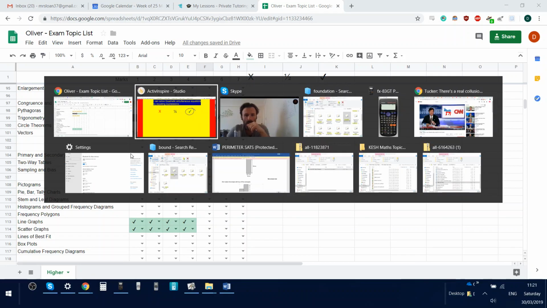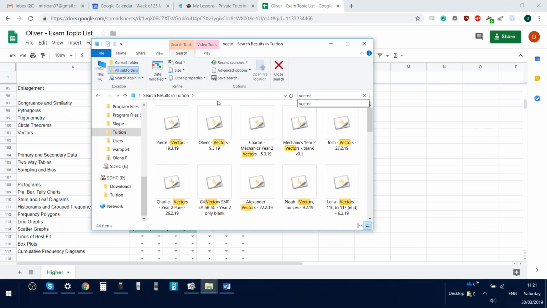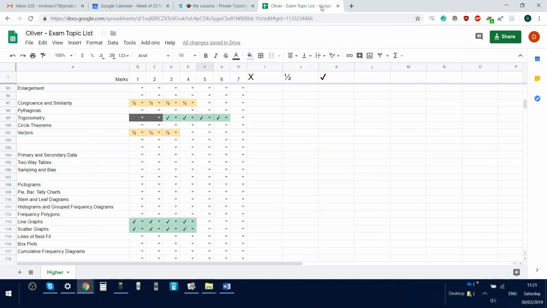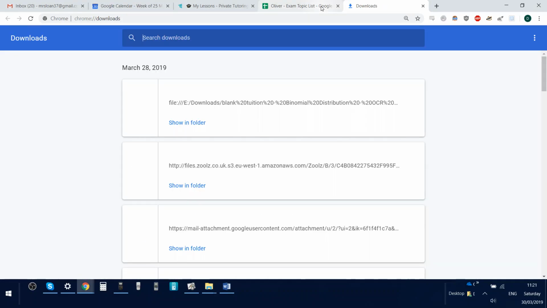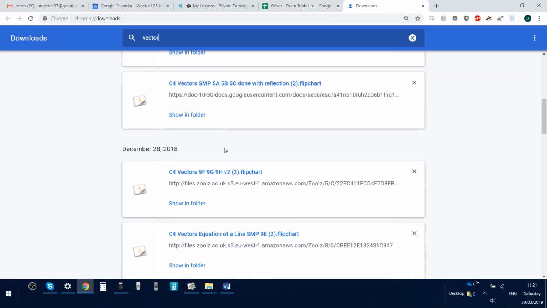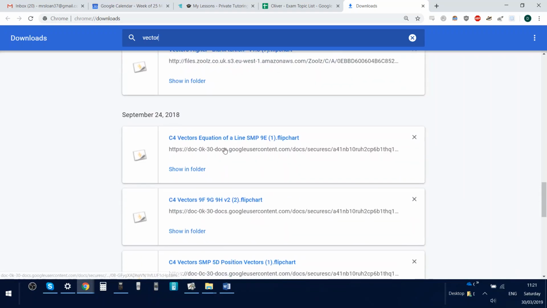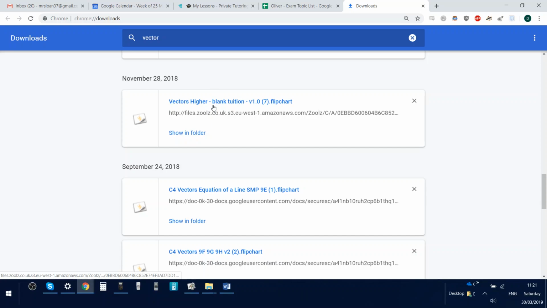Yeah, let's do that. All right. Vectors.